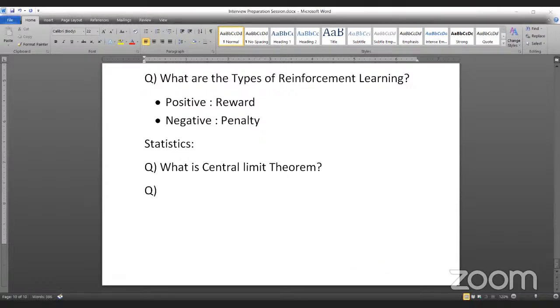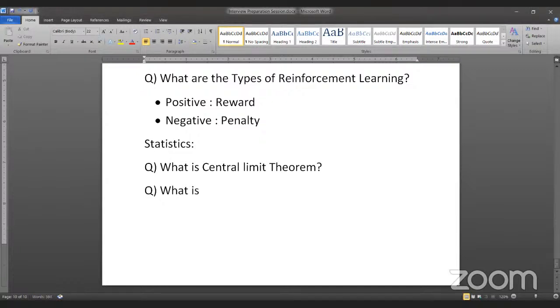Next question is, what is the assumption for normality? What is the assumption for normality?